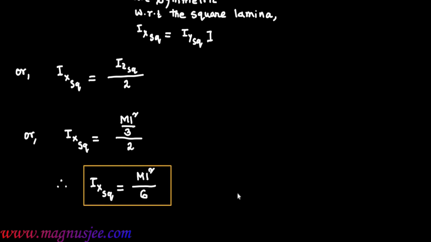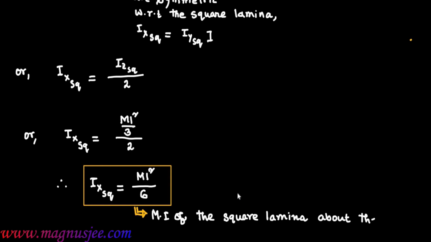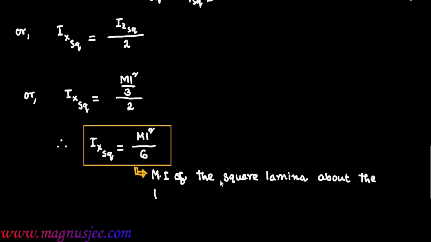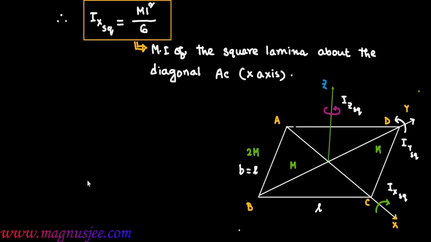This is the moment of inertia of the square lamina ABCD about the diagonal AC, or x-axis, which lies in the same plane of the sheet.